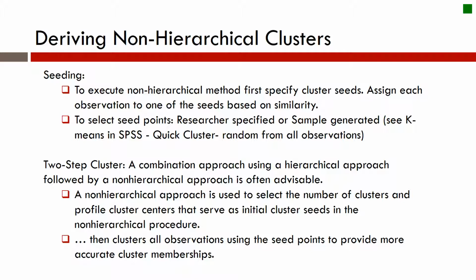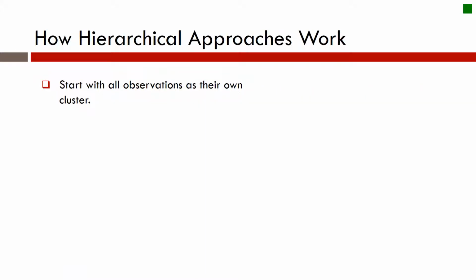So a lot of times this process will begin with standardizing your data. Just keep in mind that may be done, but in a two-step cluster approach there's a little bit more leniency, if you will, on what's required of the data.